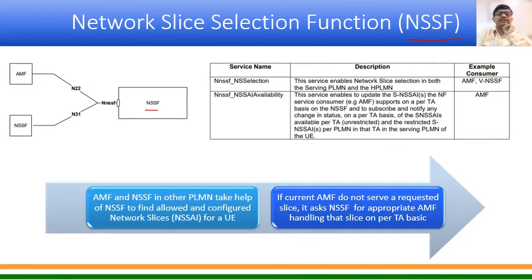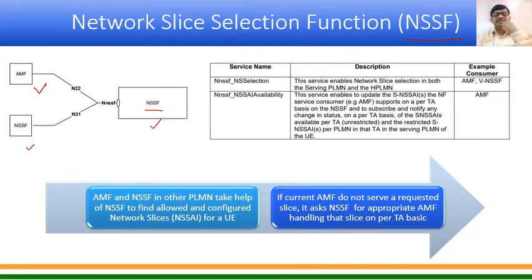So NSSF will also be offering certain services. And who is the consumer of that service? The consumer can be AMF, access and mobility function, or the network slice selection function of another operator, another PLMN per se, that is required when the user is roaming into another network.